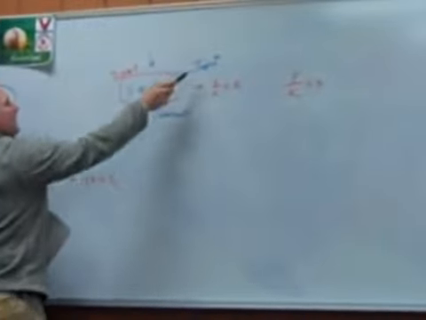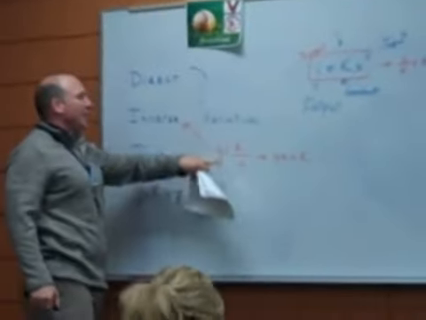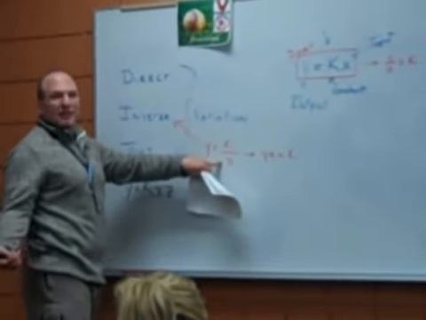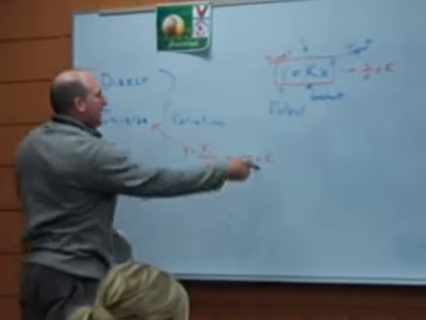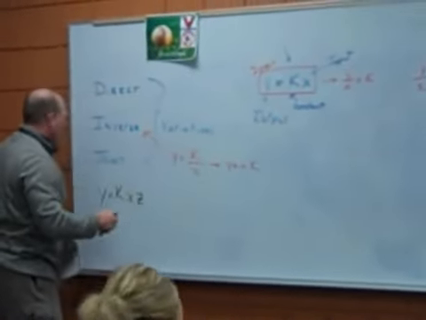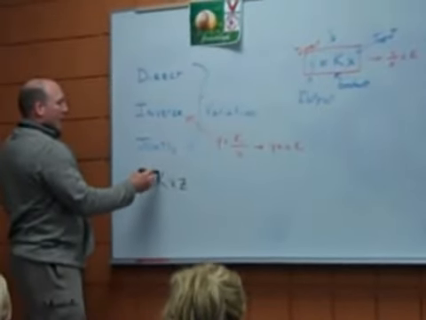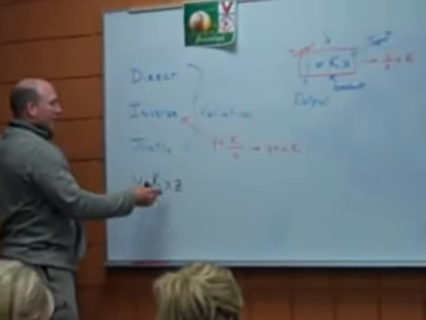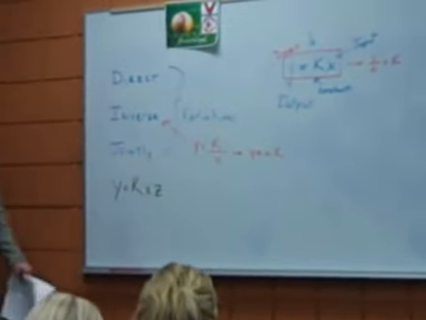Inverse variation was basically division: your constant divided by your input. You again can rearrange those. And when we talk about joint variation, again, all constant. It's basically the same as direct, except we throw a third value in there.